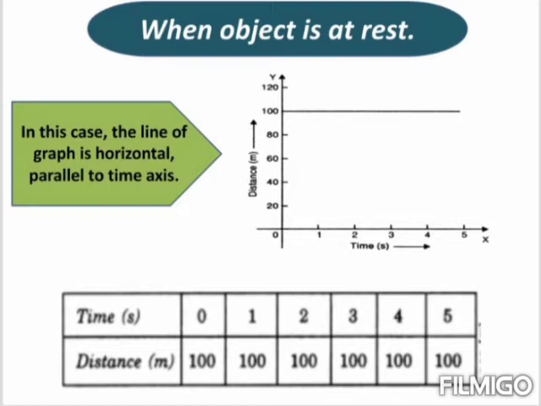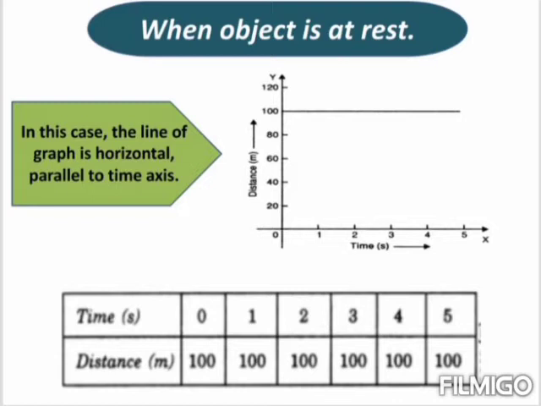Okay, you can see a graph, with distance on the y-axis and time on the x-axis. There are different values of time in seconds, from 0, 1 second, 2 seconds, 3 seconds, 4 seconds, 5 seconds, as you can also see in the table. Now we observe the values of distance: 20 meters, 40 meters, 60 meters, 80 meters, 100 meters and 120 meters on the graph.